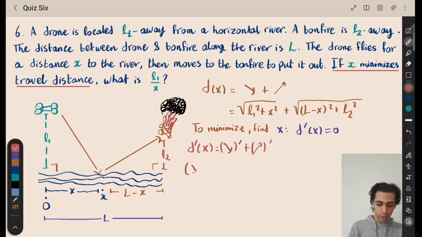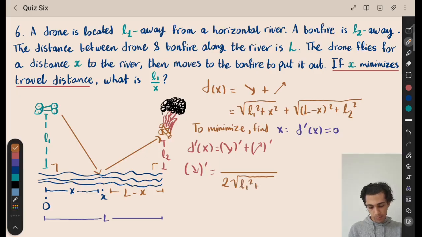Derivative of the lower arrow is... don't ask me how I know this. It's an extra formula you can use.